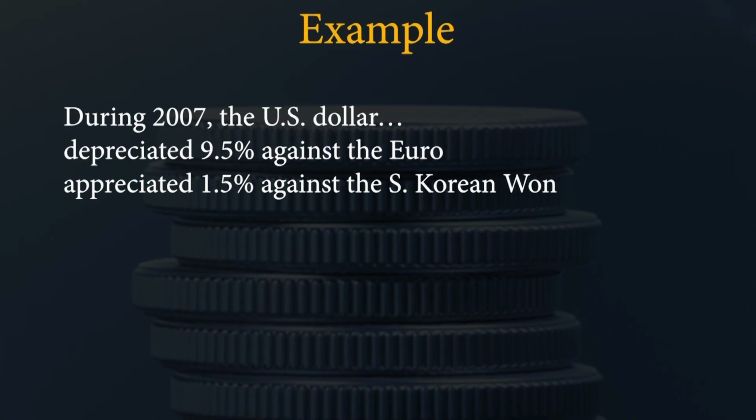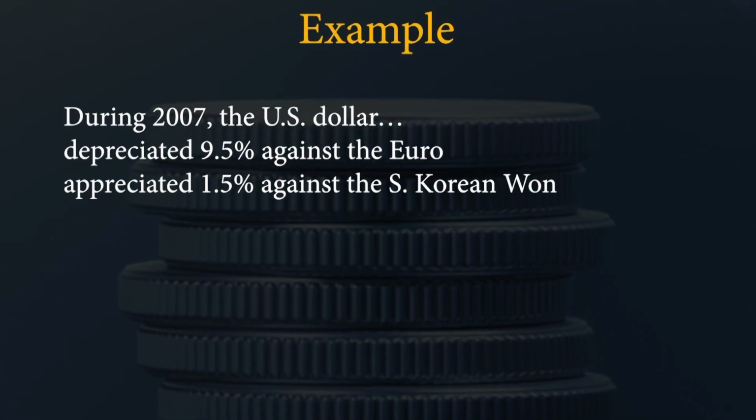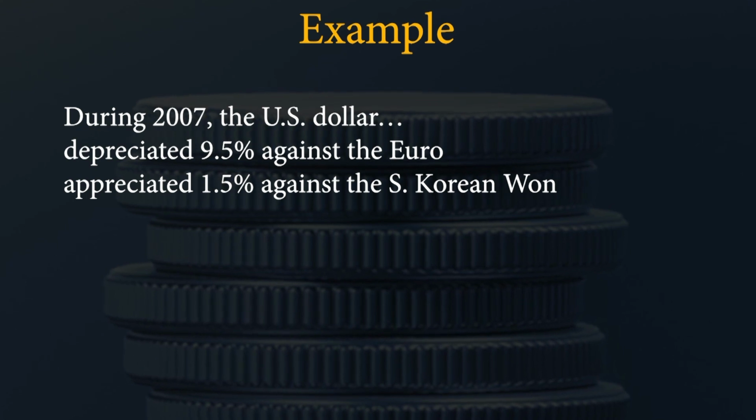But in depreciation, the value of the currency as measured by the amount of foreign currency it can buy falls. That means the foreign exchange of the dollar becomes cheaper, and as a result depreciation is the weakening of the currency, and appreciation refers to strengthening of the currency.